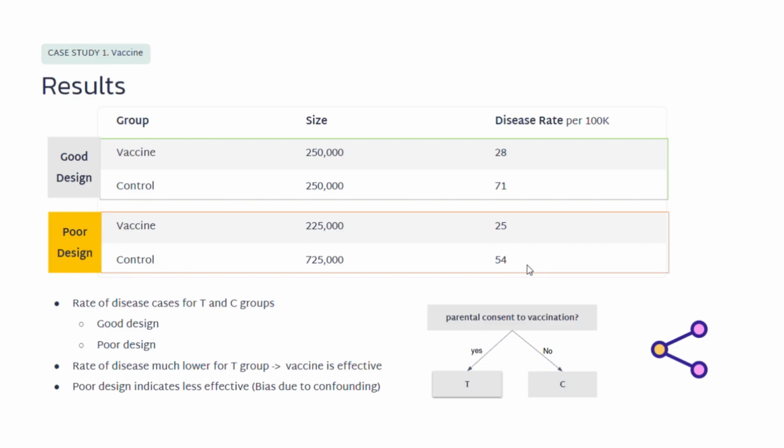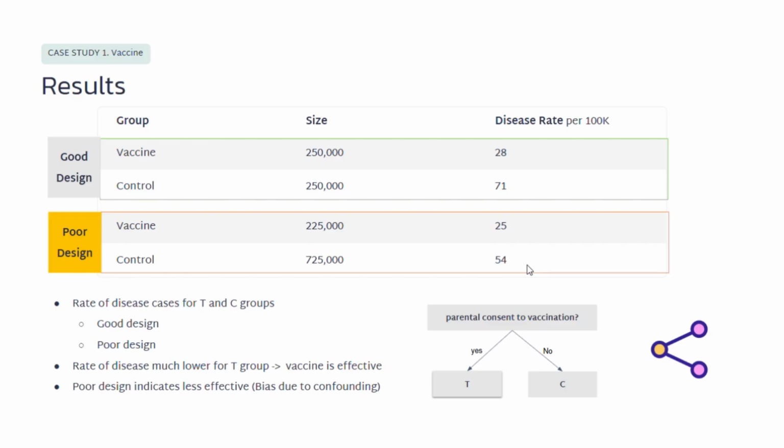Remember, for the poor design, you assigned treatment and control groups based on parental consent, and when you do this, the subjects who go to the control group are more resilient, and as a result, the number of incidents in the control group turns out to be lower compared to the good design.